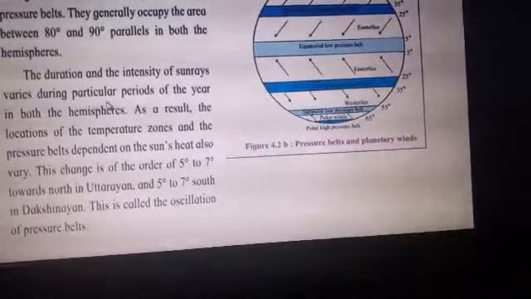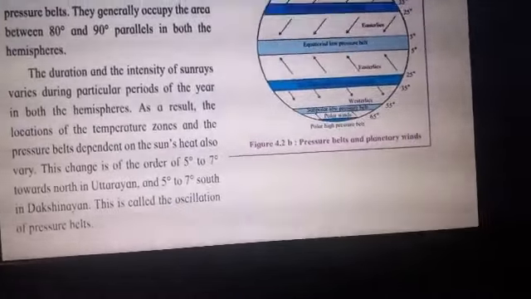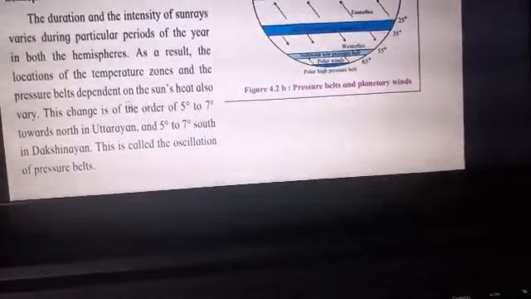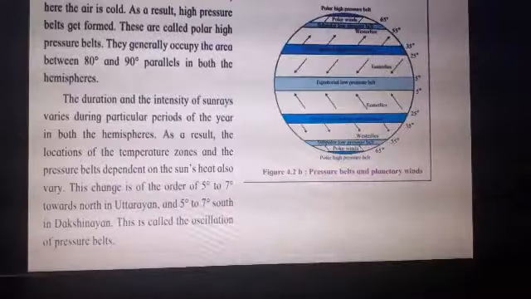It means according to the different seasons, we get different intensity of heat. As a result, the locations of the temperature zones and the pressure belts, which depend on the sun's heat, also vary. Therefore, they keep on varying.